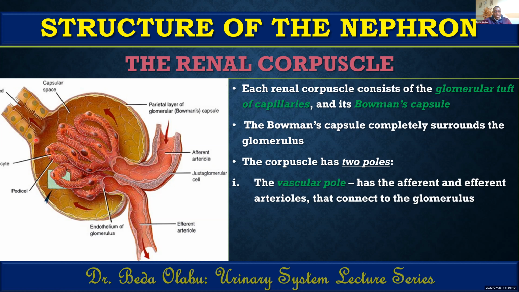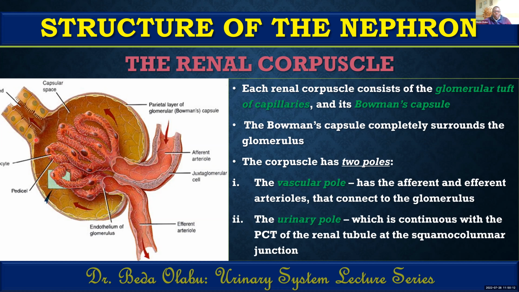We call that end the urinary pole. This urinary pole is marked by a transition of epithelium from squamous to columnar-cuboidal epithelium, a squamocolumnar junction, as you can see in that particular image. So these are the two poles of a renal corpuscle.